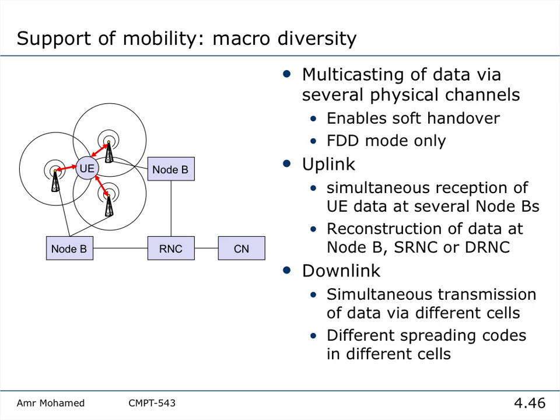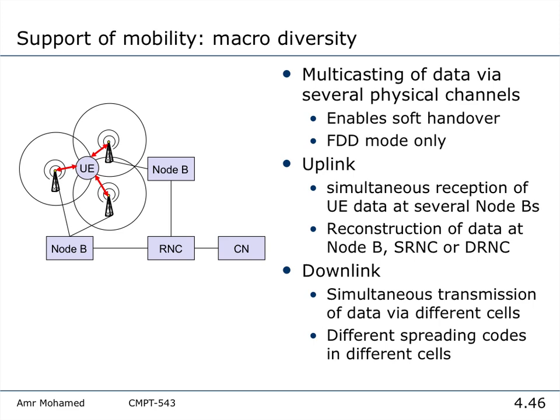And this traffic will get mixed at the RNC. The RNC, by combining the traffic, will use macro diversity to increase the reliability of the traffic. So it receives multiple streams from the same UE at the RNC, and then it mixes all the signals together, and in that case, it maintains more reliability.